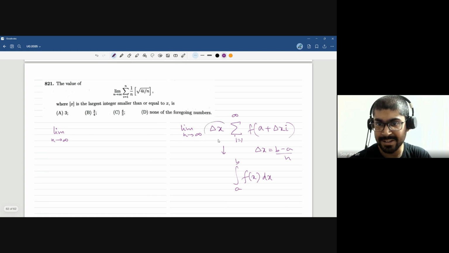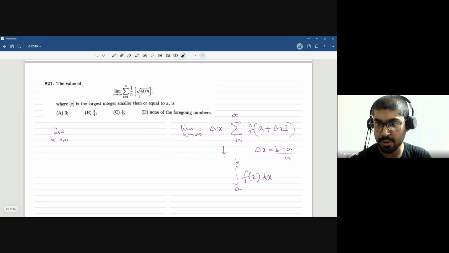So this delta x that we have outside is again b minus a by n. The delta x is the same here as well as there. So we can clearly see that b minus a is 1, because 1 by n is outside. Also here, f of a plus del x into I, again I is here, del x, again 1 by n is here.